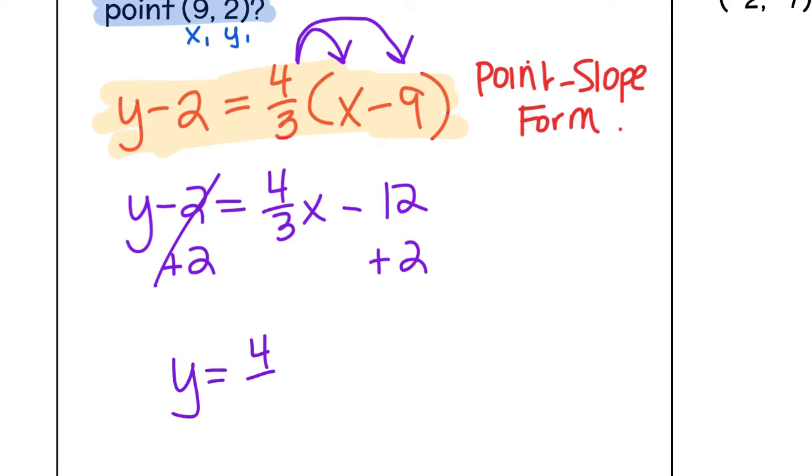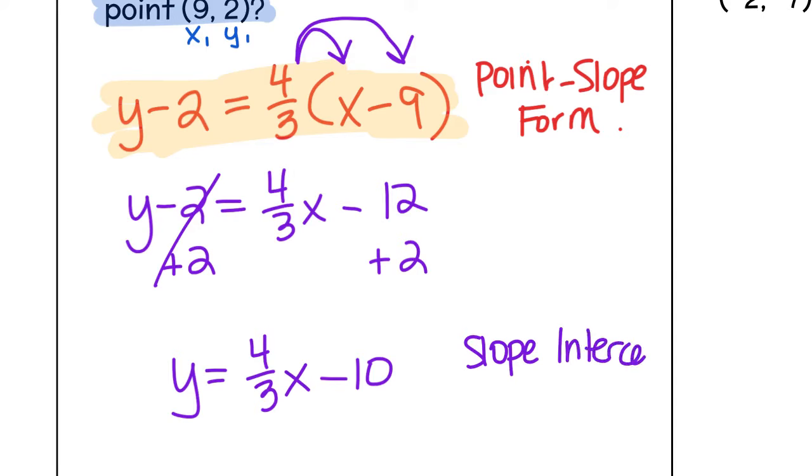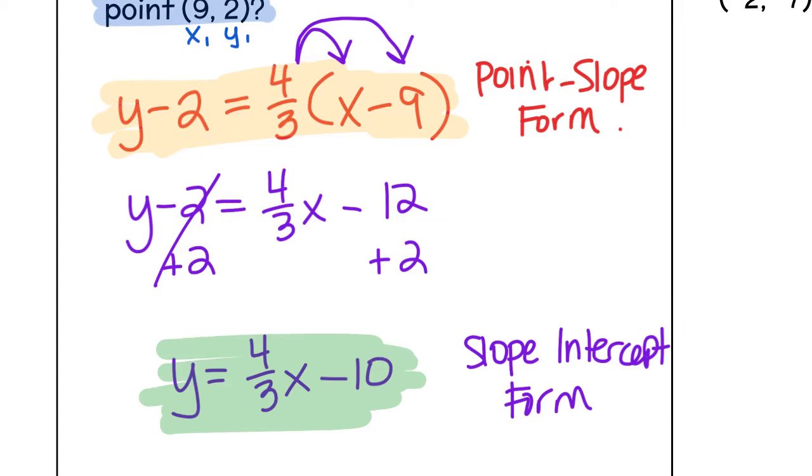Then on the right, 4/3x. And combining those two, -12 plus 2 gives me -10. This is my slope intercept form. So now I've found the equation in the two forms that they asked me to.